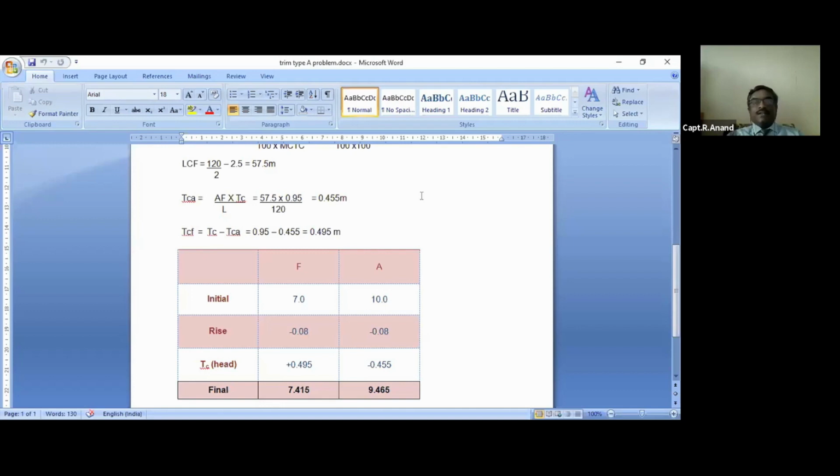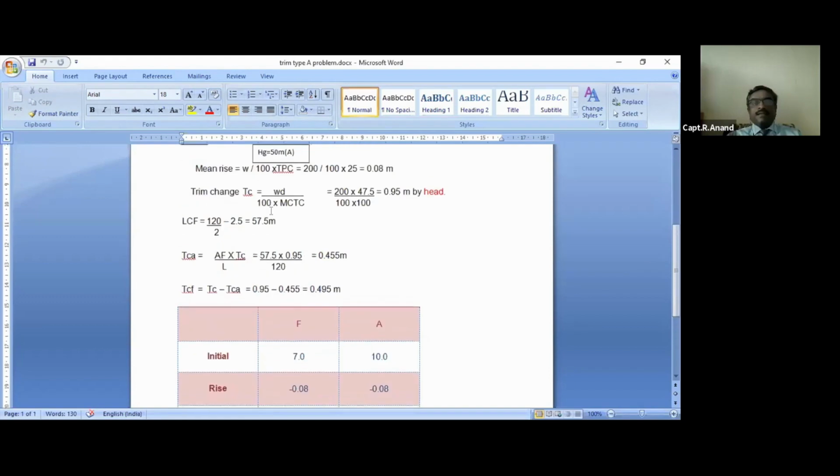Only in that particular case you measure center of rotation from forward. So otherwise for trim change aft, I have to take the distance of center of rotation from aft perpendicular only, not from forward. So if you see here also LCF, what I have taken is because the center of rotation was aft of midship, so from half length I have subtracted this 2.5.